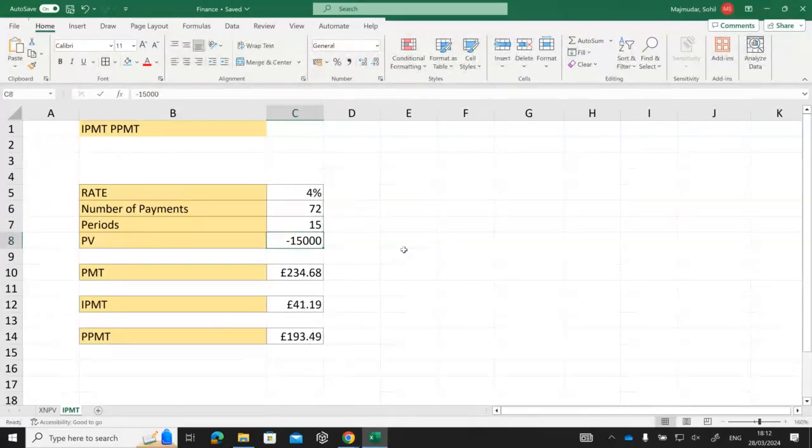So that's the thing. If I do month 1, then look at the interest. So the bank always takes interest first. As you go along the months, if I do 4, the interest starts to fall and the principal starts to increase. If I do the last month, 72, look at that.